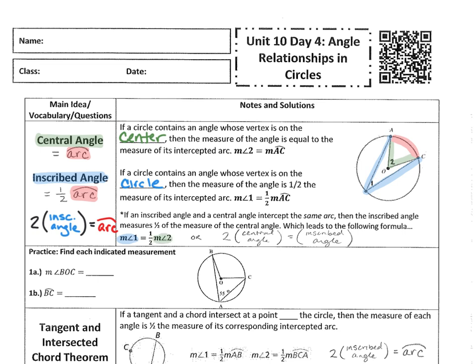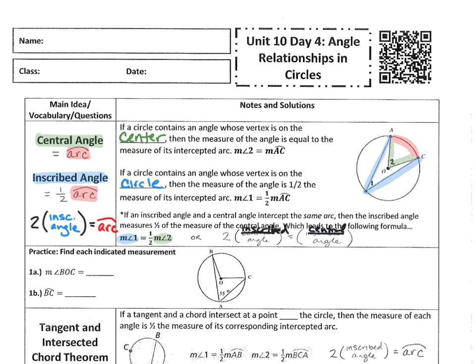Or if we don't like using fractions, what we can do is, I wrote this down wrong. That's so embarrassing. You need to change this word for me. This should be double the inscribed angle equal to the central angle. Wow, that's so embarrassing that I wrote that down wrong. So this should say inscribed, this should say central.